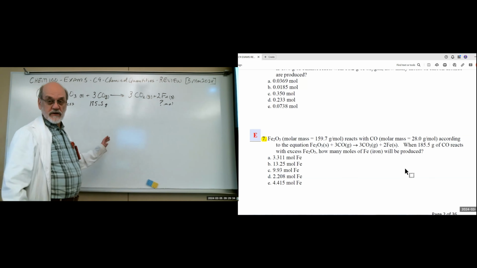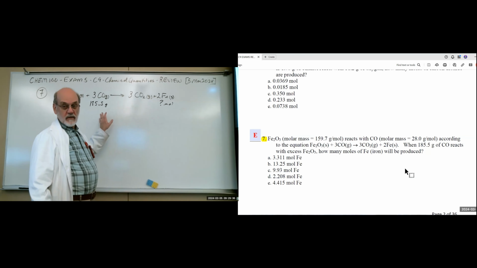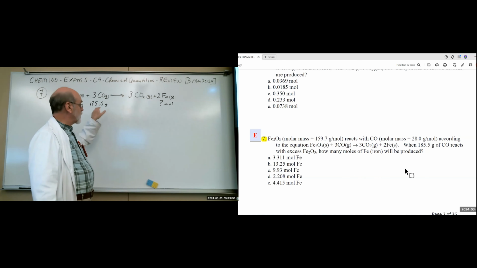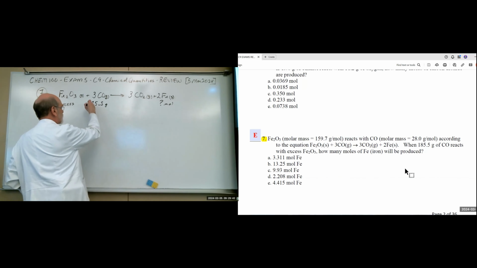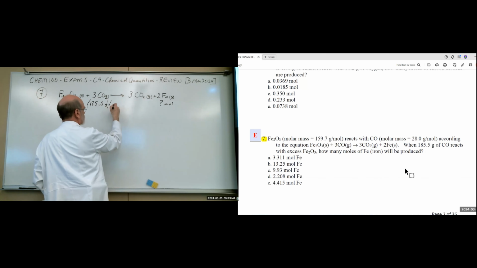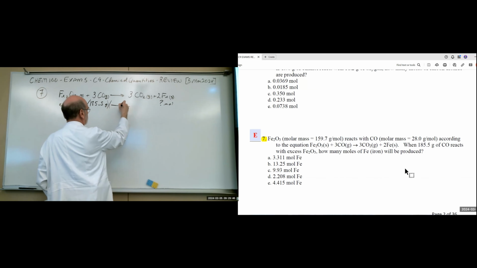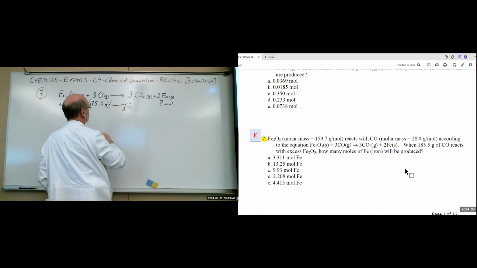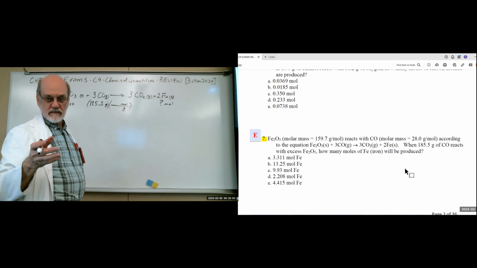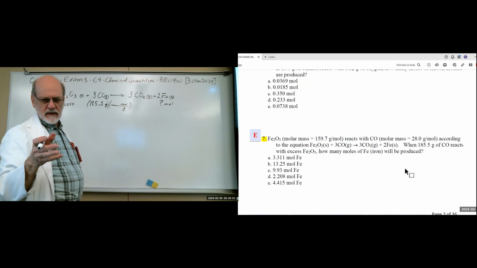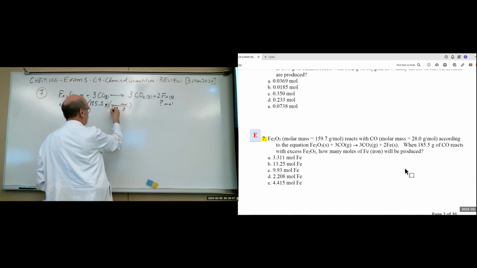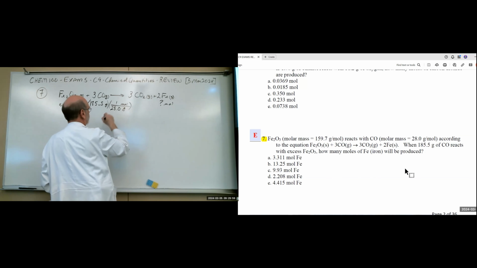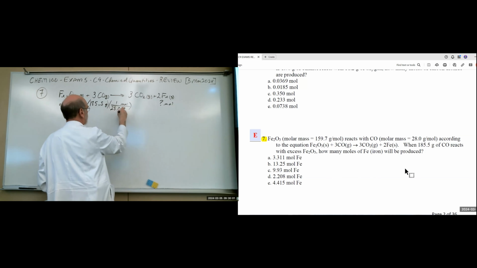Remember, in a balanced equation, you can't move anywhere with mass. You're stuck right here until you convert it to moles. So what we need is the molar mass of carbon monoxide, which is given to us somewhere in the problem. Let's see, carbon monoxide, molar mass 28. There we go, grams per mole.